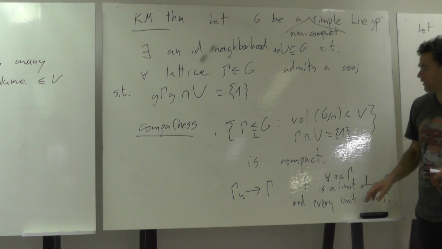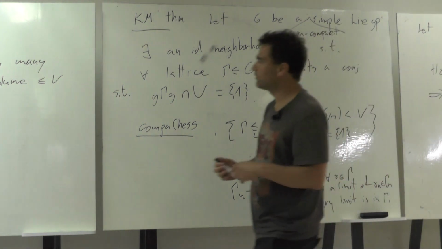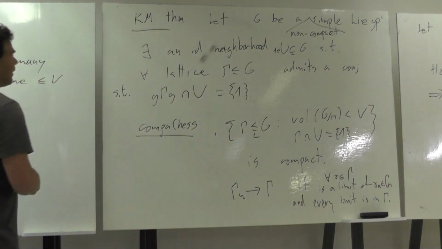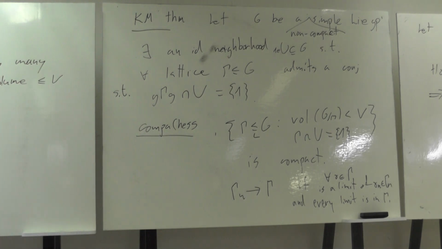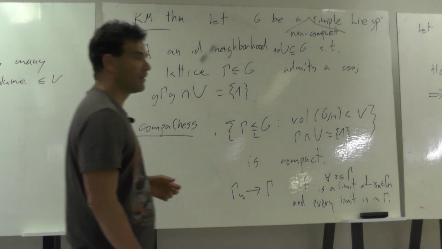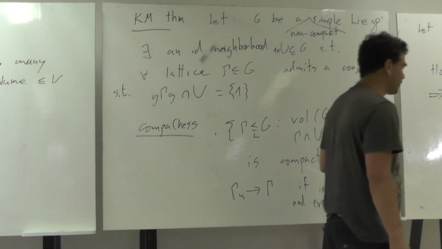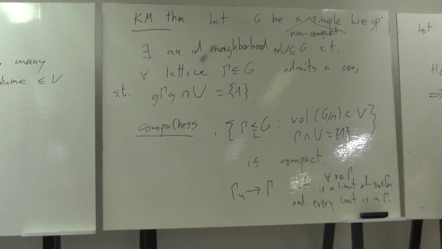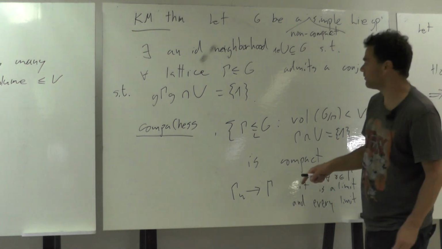So a limit is again a lattice. So this is a compact set. In this topology, the discrete groups are not closed, which is why you choose this. Discrete groups can converge: for example, a homothety of Z can converge to R. But yes, this is a compact set.